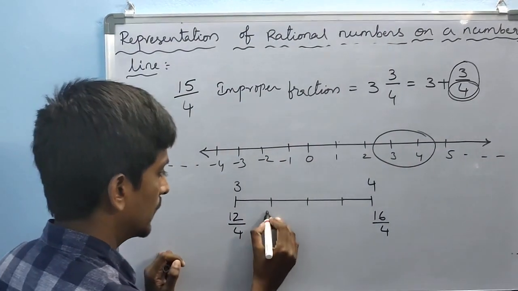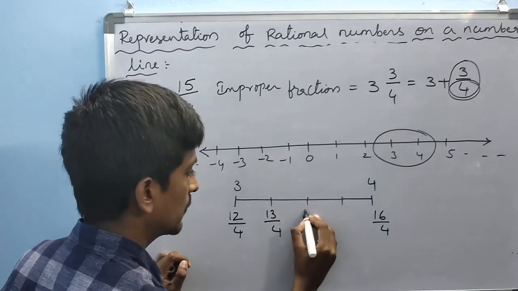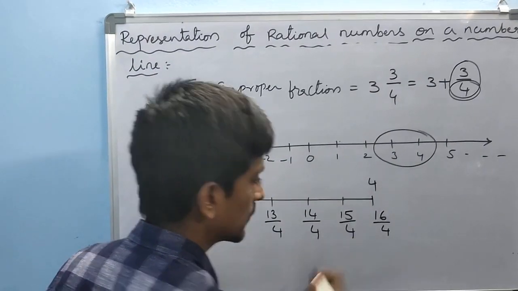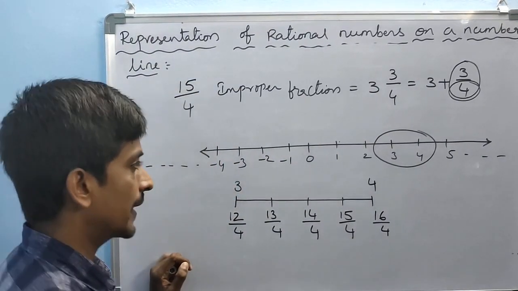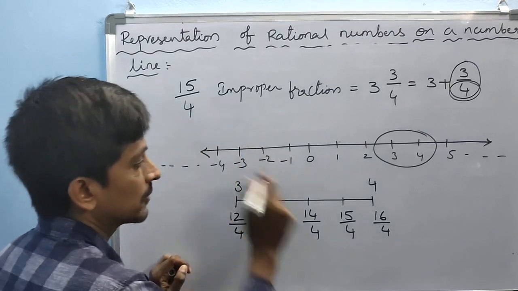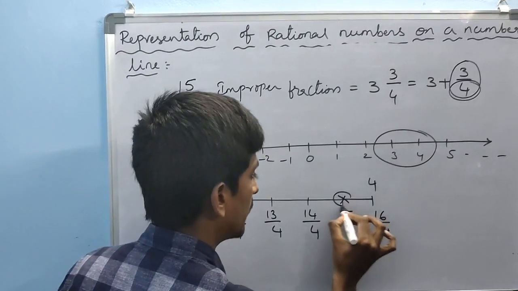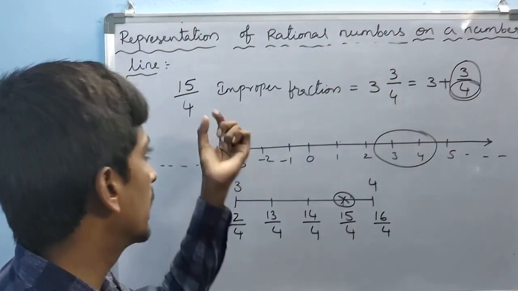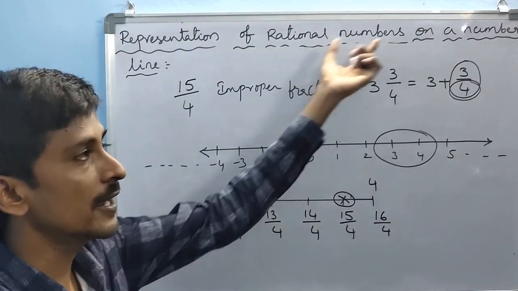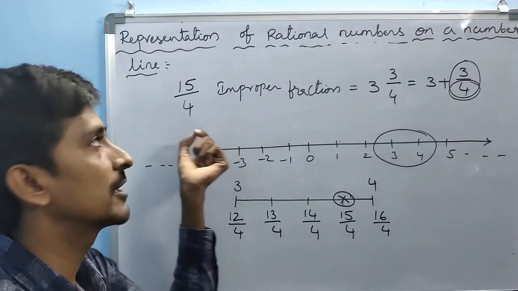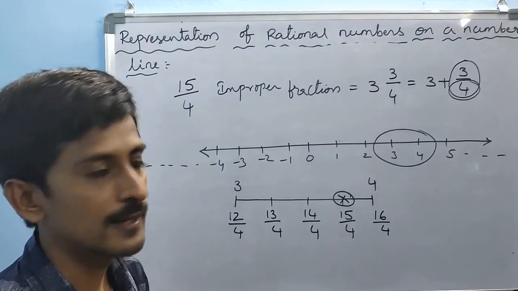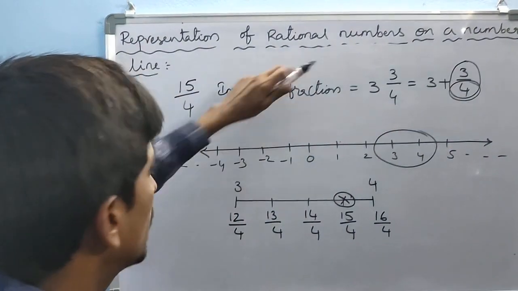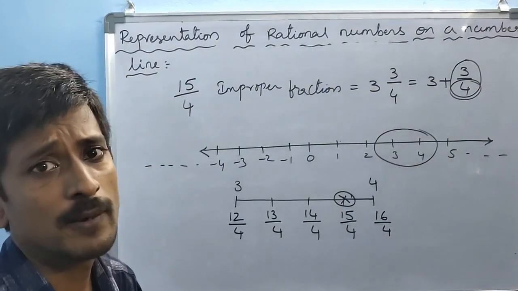Okay. 13 by 4, 14 by 4, 15 by 4. Now we need 15 by 4. So we strike off like this. This is the number 15 by 4 we need on a number line. Like this we can convert and mark a rational number on a number line.